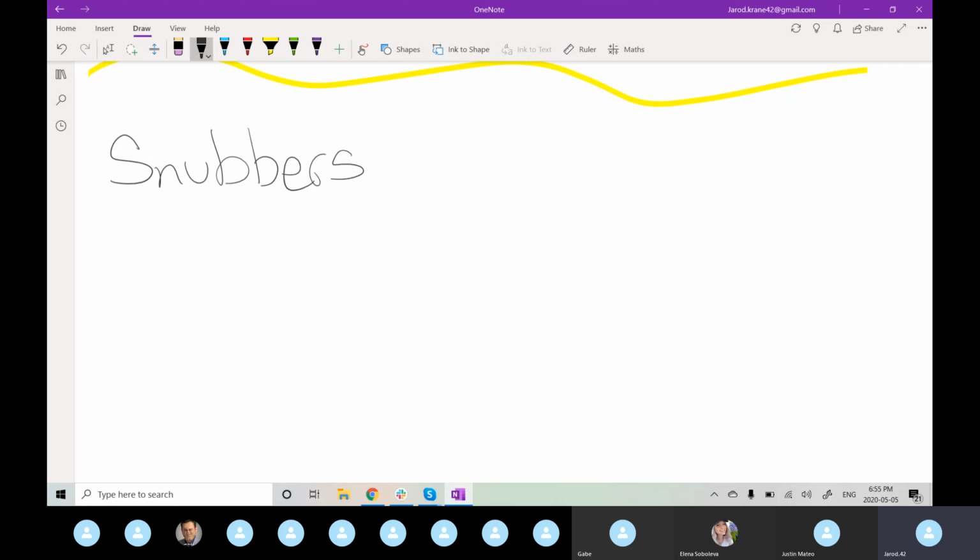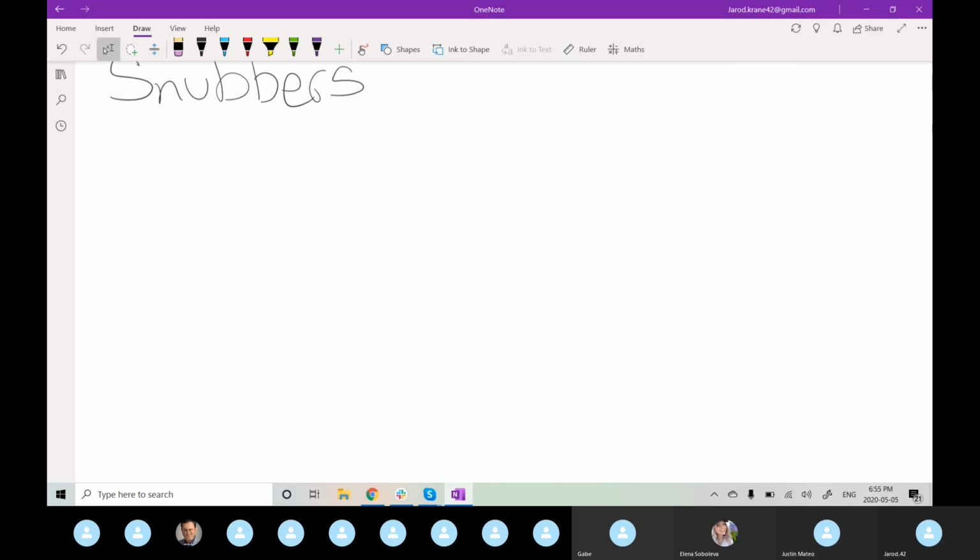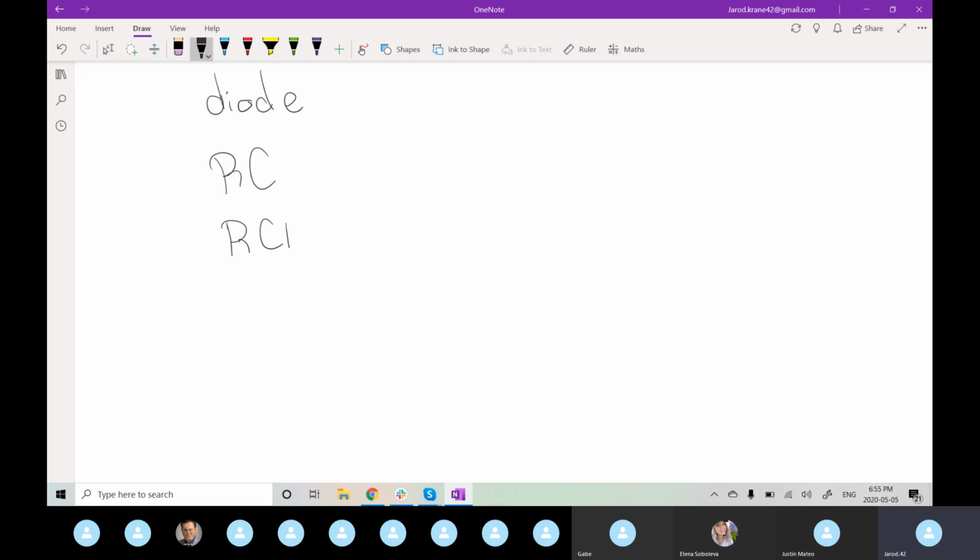There's a chance some of you have seen snubbers before, but never realized this is how they were actually called. But there's 2, 3, yeah, we'll say 3 main kind of snubber categories. There's diode snubbers, there's RC, so just resistor capacitor, and then RCD, so resistor capacitor and diode.